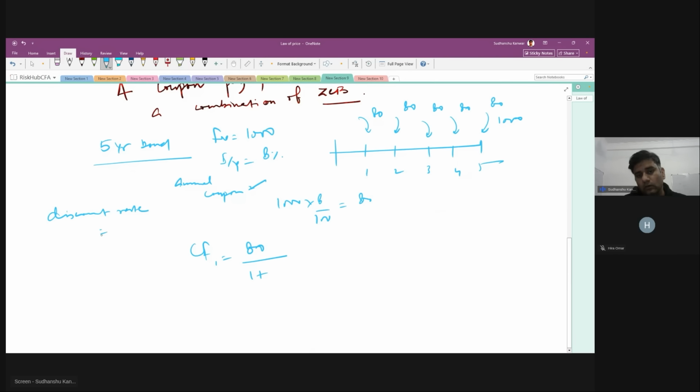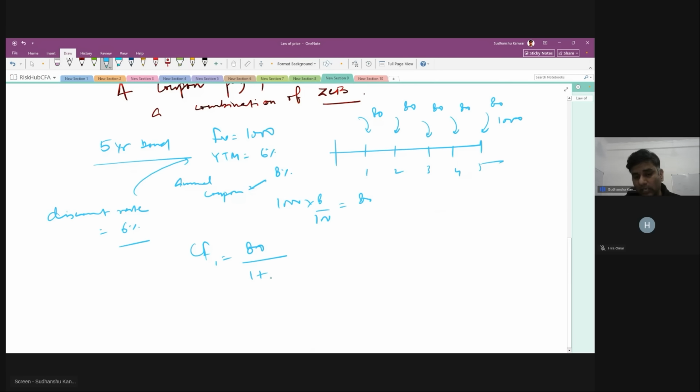Okay, this was not I by Y, this was the annual coupon of 8%, and your YTM discount rate, let's put it as 6%. So the discount rate is 6%, which is given.